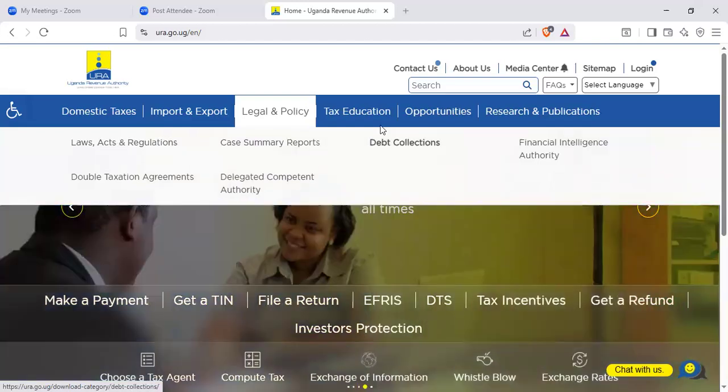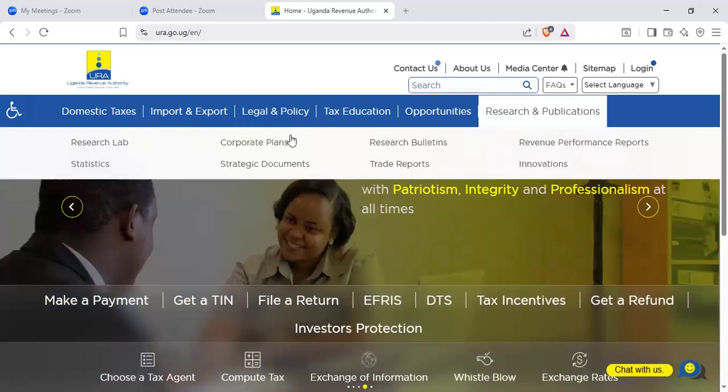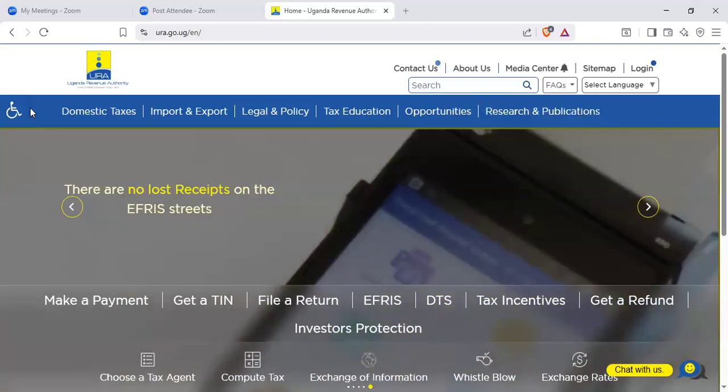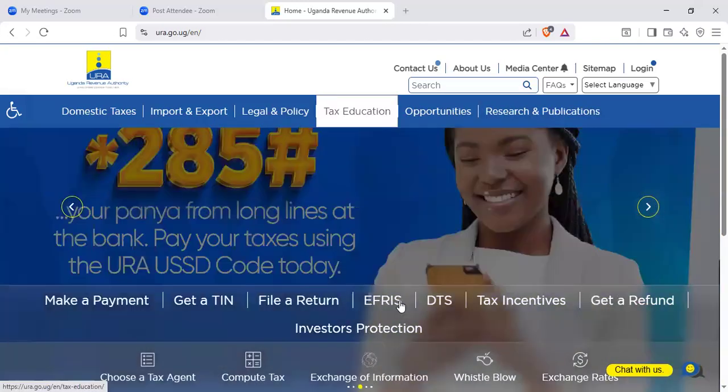If you want the opportunities, you just hover around and you read some of the things. Okay. So we are going to proceed in parallel, and you will get to learn more.